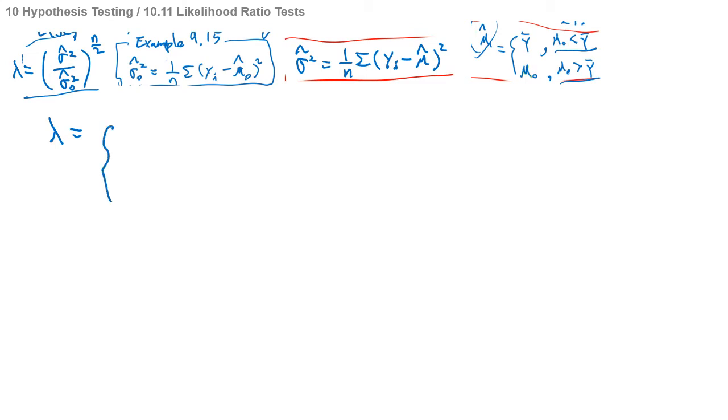So if mu 0 is greater than y bar, then mu hat is mu 0, and that is the sigma 0 hat. Sigma 0 hat is here, mu 0 hat is mu 0 under the null hypothesis case.